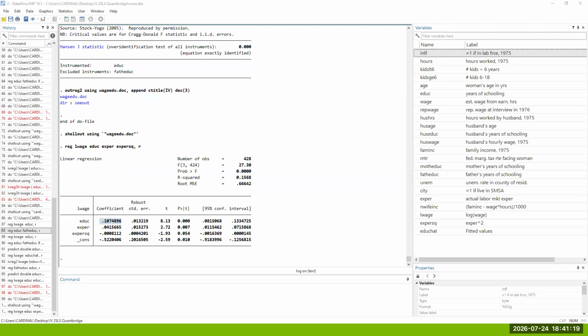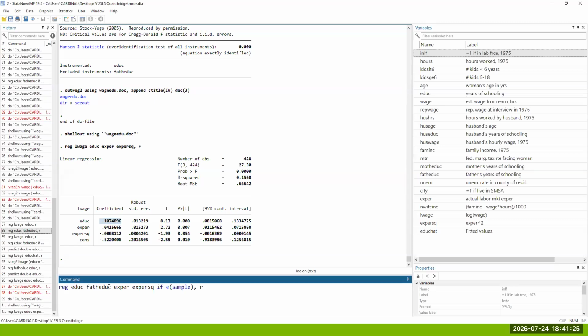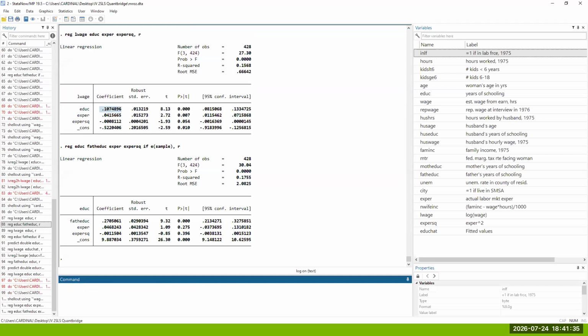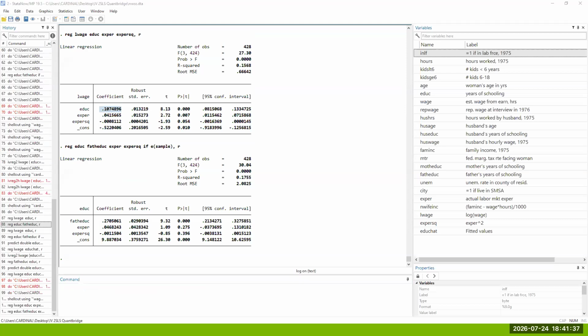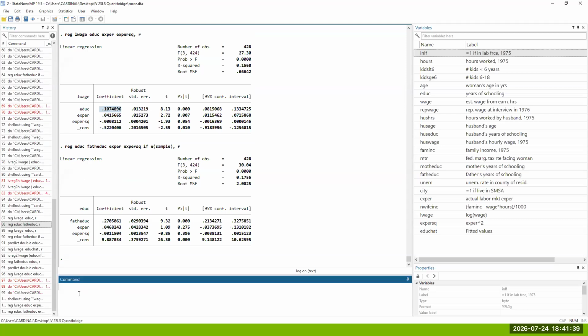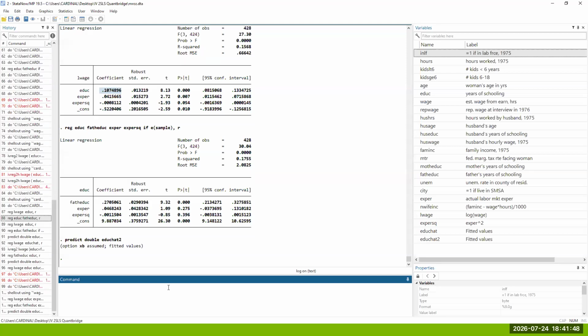Now we go through the step where we introduce father's education to influence education. We still have our two control variables here. When we finish, we predict the education hat. Because we already have education hat here, I just call the second one education hat 2.